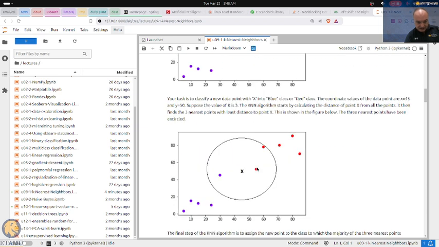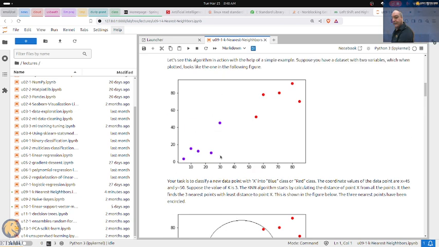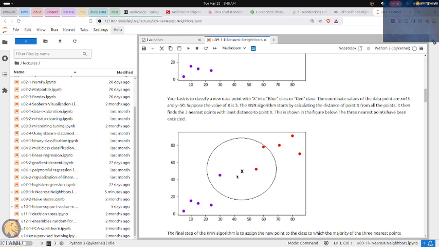Let's think of binary classification. As an example, if we have a real simple data set like this, where blue is the no and red is the yes, one measure of closeness or similarity is Euclidean distance. If I have a new point, x here, and I want to classify whether it's blue or red, no or yes, I could set k as 3 to get the 3 nearest neighbors, where nearest we define as Euclidean distance.